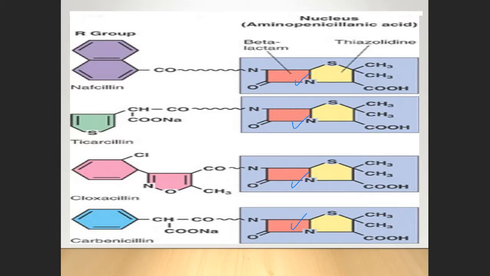This makes different types of antibiotics and different effectiveness, whether broad spectrum or narrow spectrum, etc. So the pharmaceutical company usually plays in this area, on the radical group. They change the radical groups in order to produce maybe more effective or broad spectrum antibiotics.